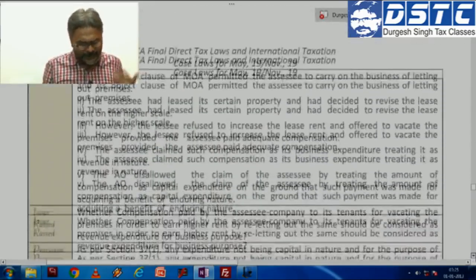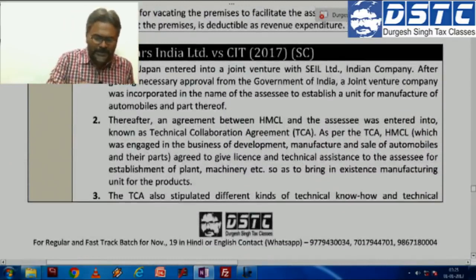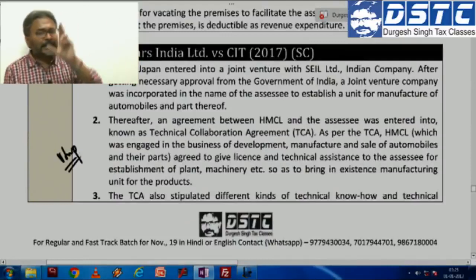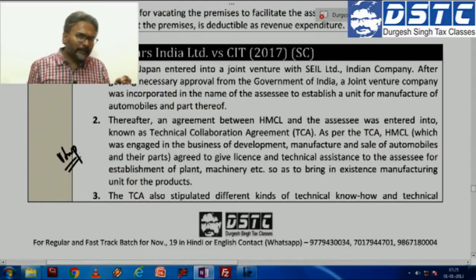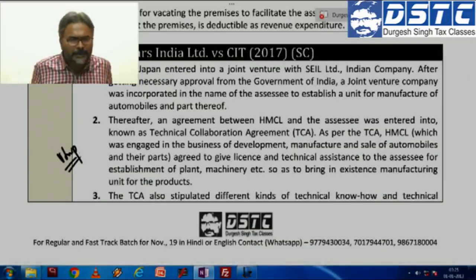Rest of it, you can easily get hold of. This is also very important: Honda Siel Cars India Limited. Here, students, the royalty was being paid as a lump sum by the Indian JV company to its Japanese counterpart. Now, this entire payment was for what?